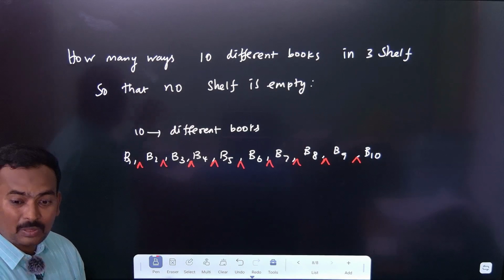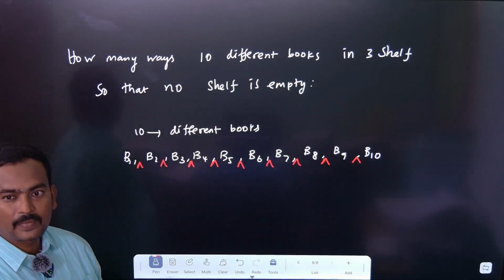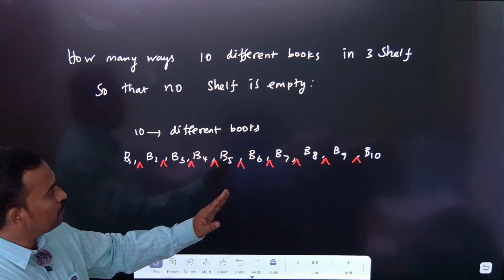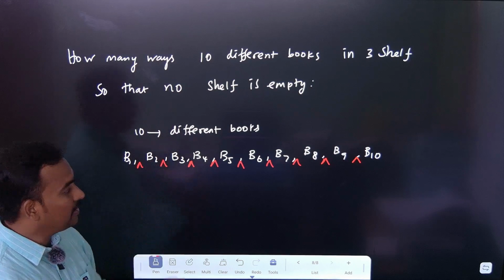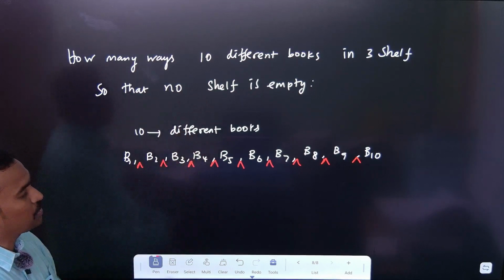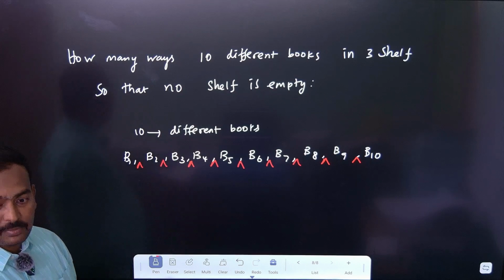You should not put the bar before B1 or after B10. Understand? You have to put the bar, that is the division, between the books only, right? Then only the shelf cannot be empty, right?